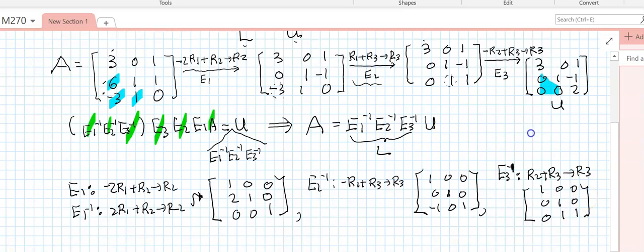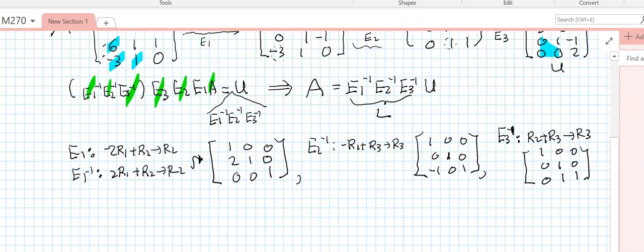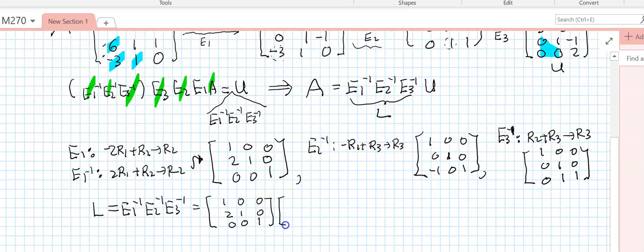So now what is L? L is E1 inverse, E2 inverse, E3 inverse. E1 inverse is 1 0 0, 2 1 0, 0 0 1, E2 inverse is 1 0 0, 0 1 0, negative 1 0 1, and E3 inverse is 1 0 0, 0 1 0, 0 1 1.